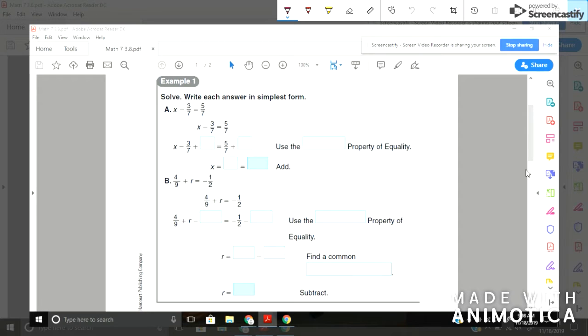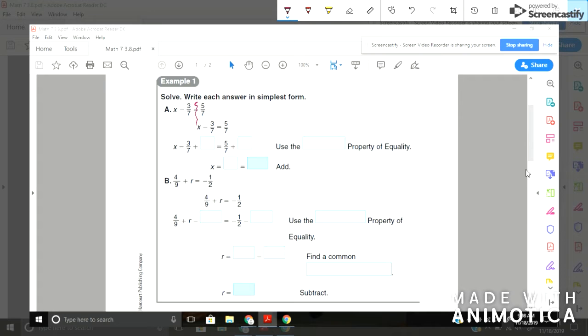Remember that one of the best things to do in equations is split it down the equal sign and ask yourself, what's being done to my variable? Well, in this case, x is being subtracted by 3/7. So to undo that, I would need to add 3/7 to both sides of my equation.